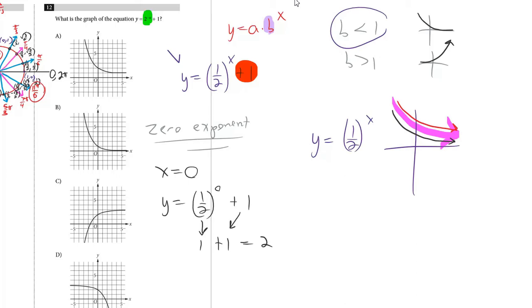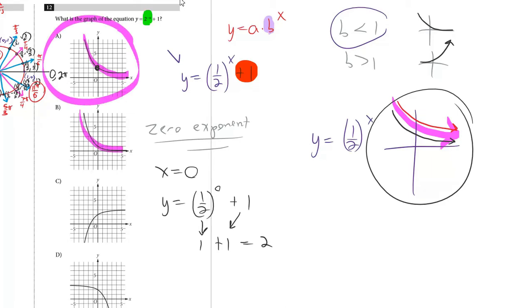We're looking for a graph that hits the y-axis when x is 0 and y is 2. And that is right here. Both of these graphs have the general look of what we want, but A is hitting at 0, 2, and B is hitting at 0, 1. So the answer for 12 is going to be A.